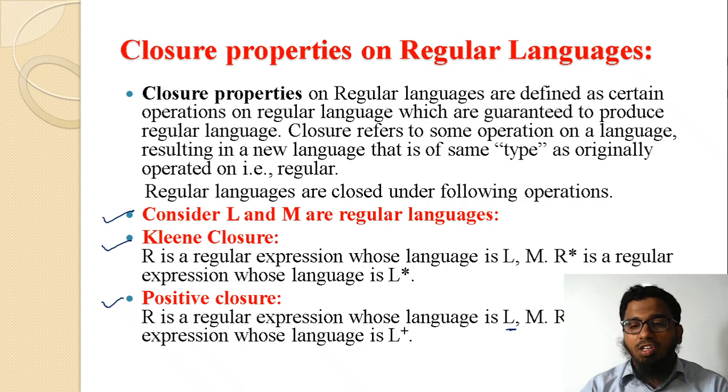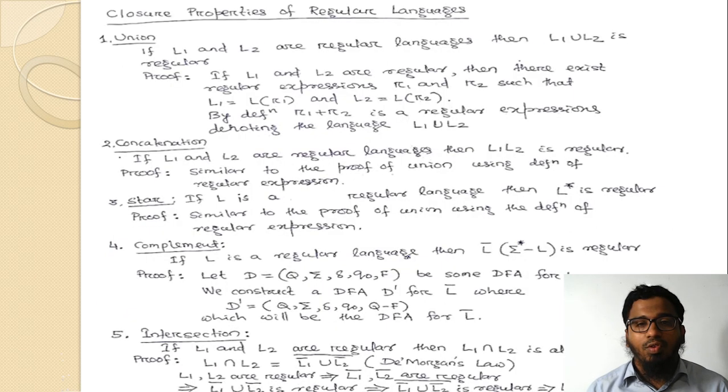R positive closure is a regular expression whose language is L plus, L positive closure, and here L Kleene closure. So this is a closure property on regular languages.